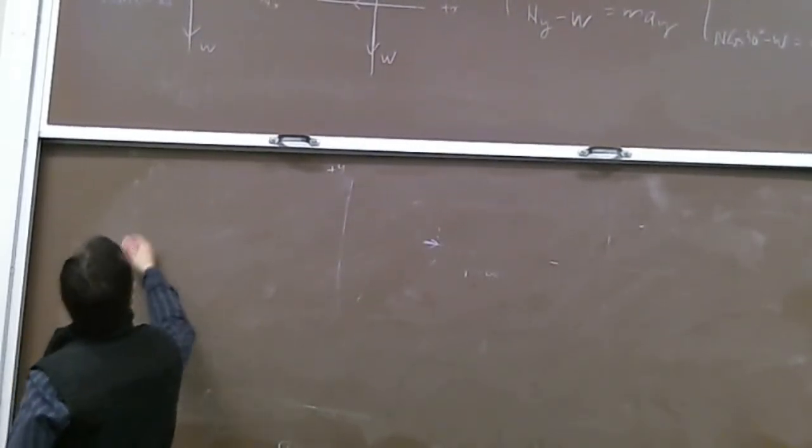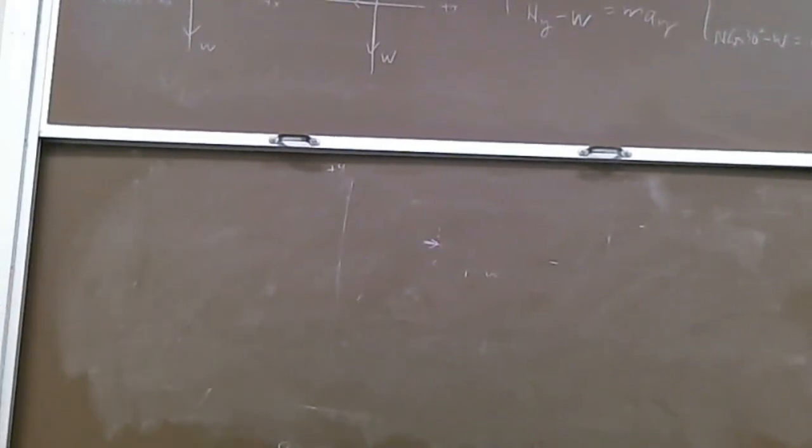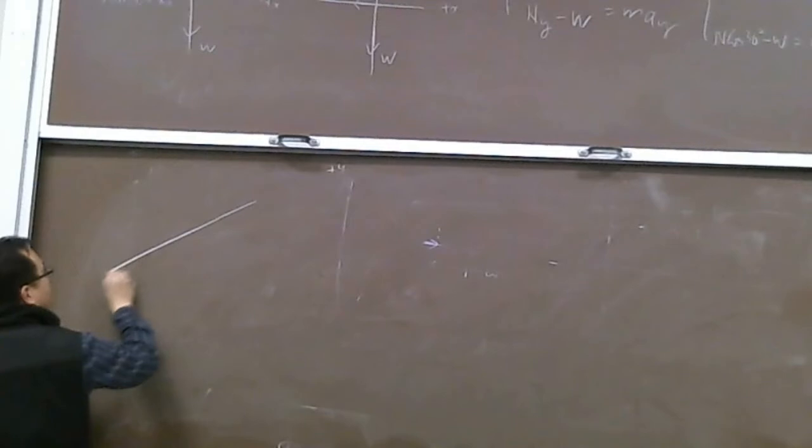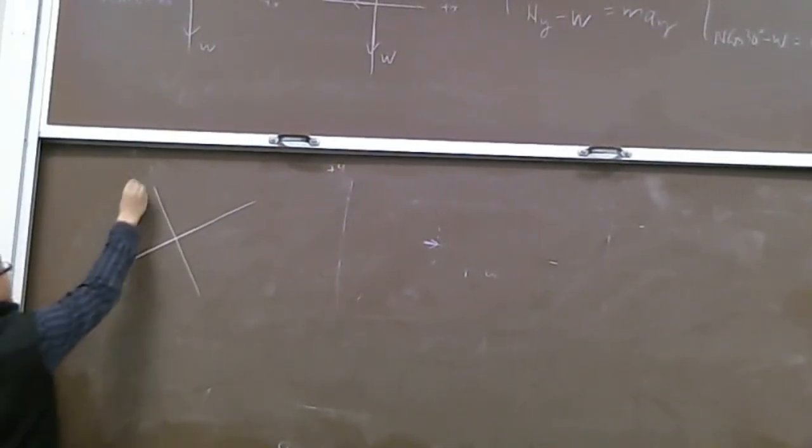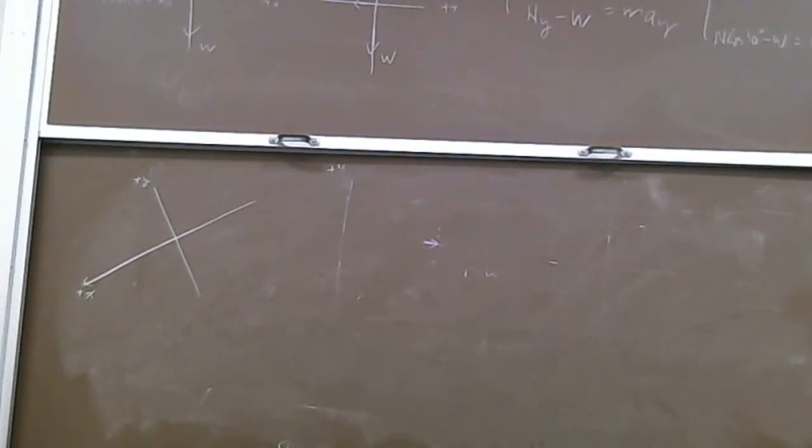For the same object, we have the two forces. If I use this kind of coordinates, positive x and positive y, and make the positive x direction along the actual direction of the motion, along the incline, let's see what we get for the two equations.